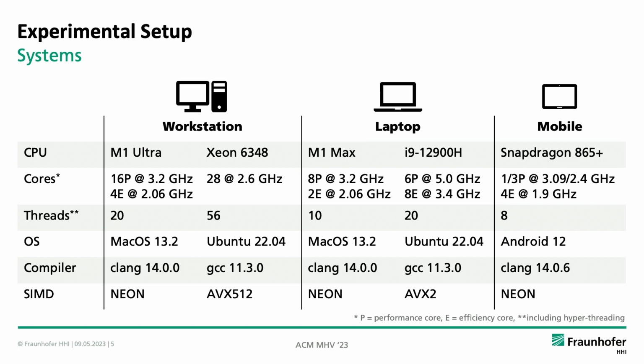The experimental setup we use in the results that I will present, I chose roughly 3 categories. One is a workstation. Here we have chosen the M1 Ultra from the Apple Studio, which has 20 cores. 16 of those are high performance cores, and the 4 others are efficiency cores, which are used for simple tasks.